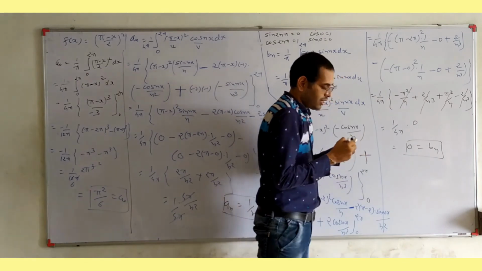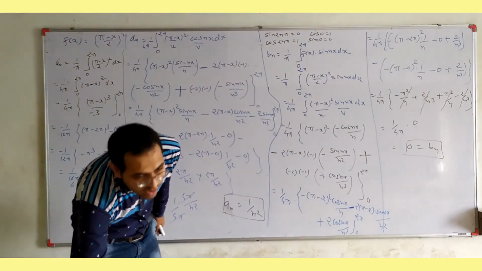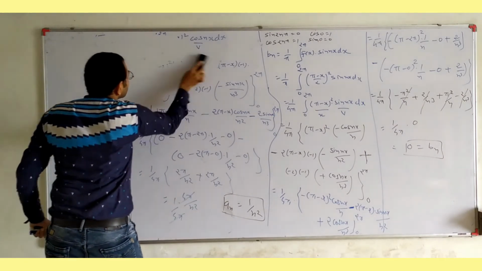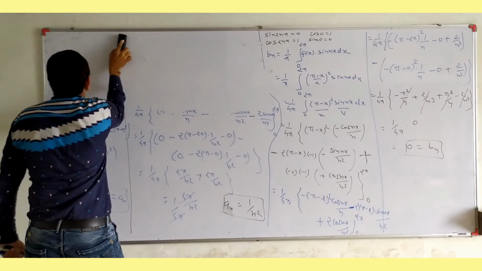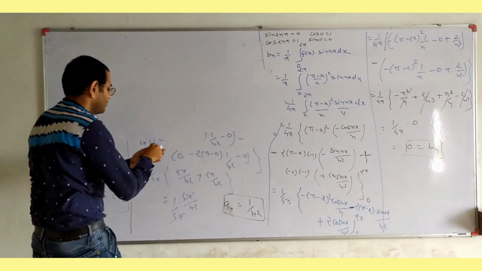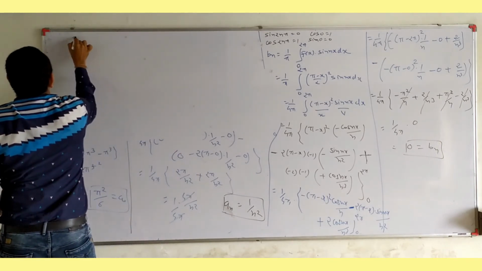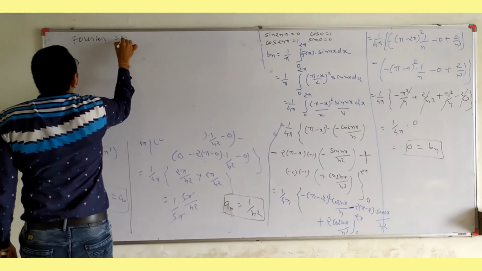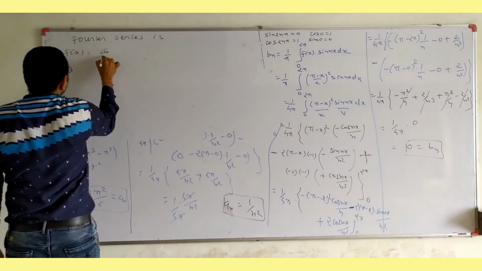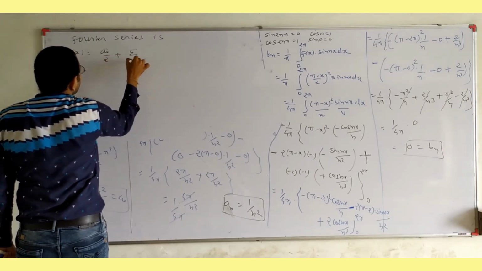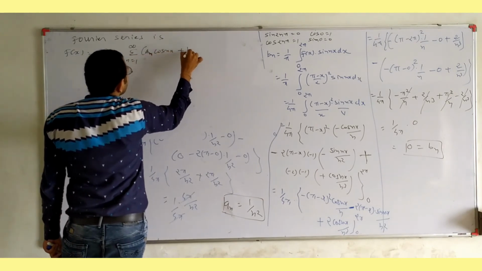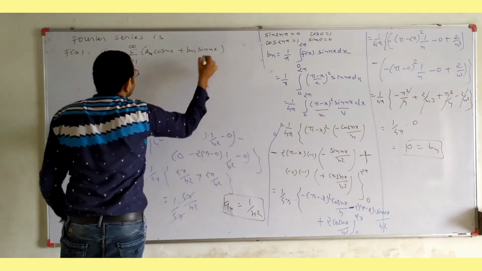Now substituting the values of a0, an and bn in our formula of Fourier series. The Fourier series is f of x equal to a0 by 2 plus summation n equal to 1 to infinity of an cos nx plus bn sin nx.